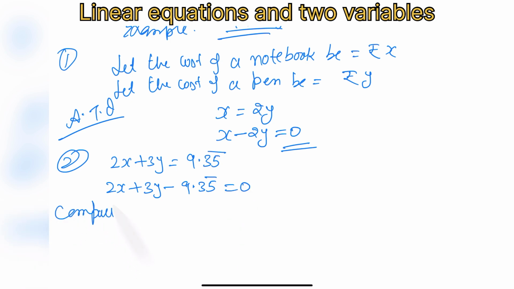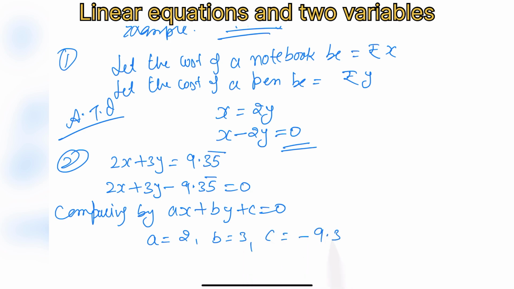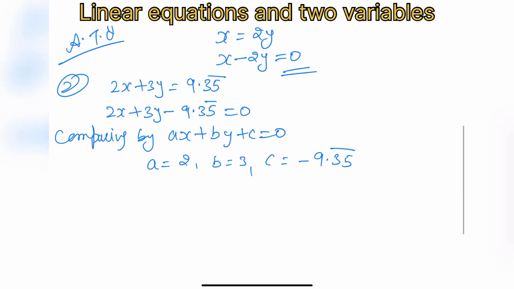Now we have to compare this equation with the standard equation, that means ax plus by plus c is equal to 0. As we compare, we get the value of a is 2, b is 3 and c is equal to minus 9.35. So here we had to find the value of a, b, c, hence we found that.